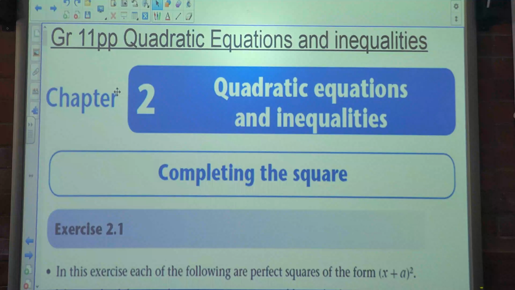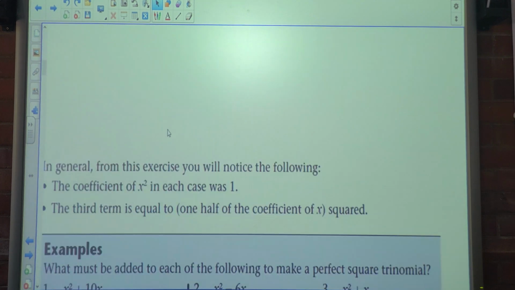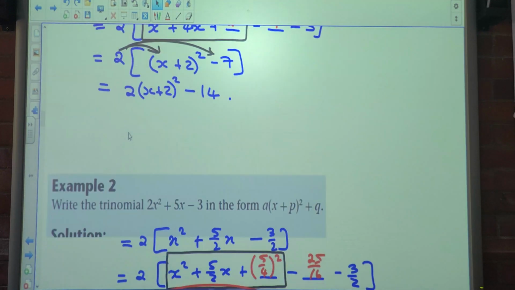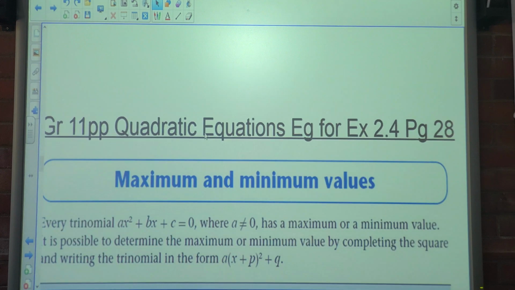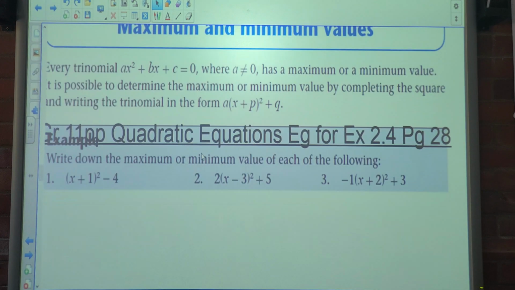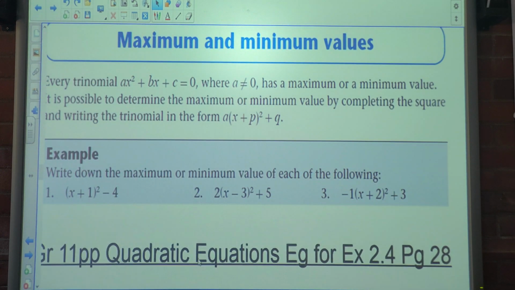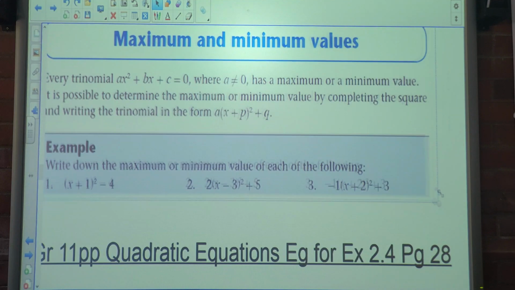Okay, good morning class. So today we're looking at quadratic equations and inequalities. We had the exercise on maximum and minimum value. I know I've explained this to you on Friday already, correct?